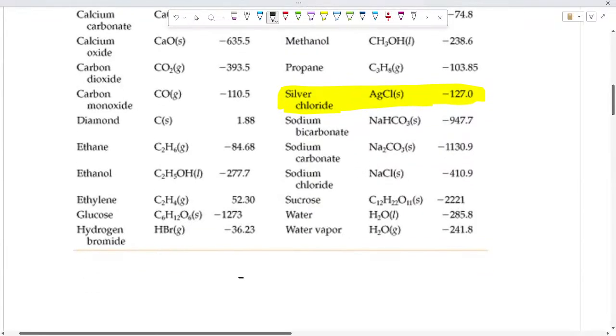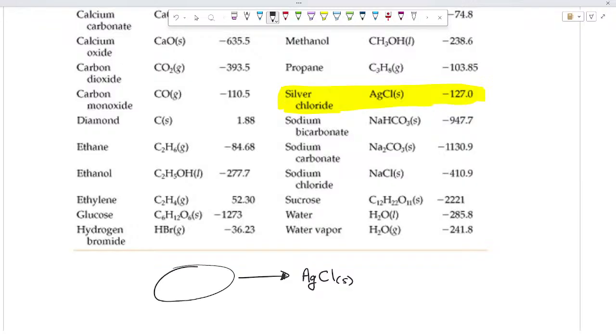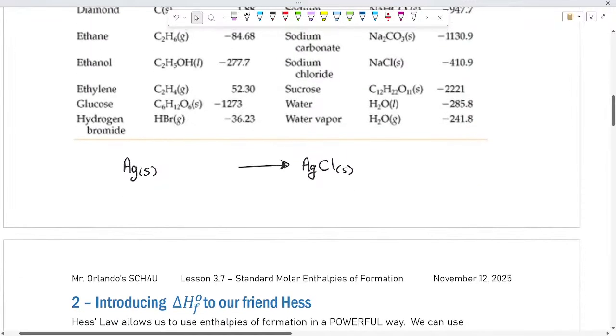Well, if we were going to make a mole of AgCl in its solid form, what would we have to react? Ag. And in its natural state, what does it look like? It's a solid. We're always starting with the way things appear at standard atmospheric temperature and pressure. And at standard atmospheric temperature and pressure, silver is a solid.